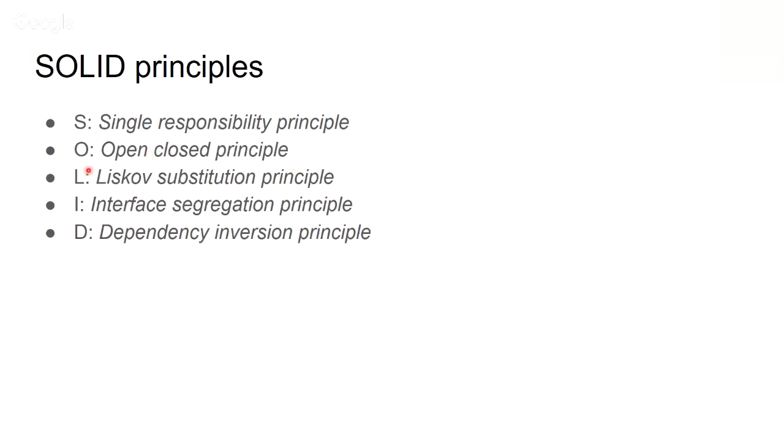This one says that parent objects could be replaced by child objects. For example, maybe I want to make an app of birds, and I want to have an array of birds to store different birds inside that array.